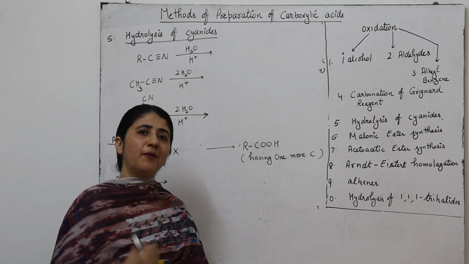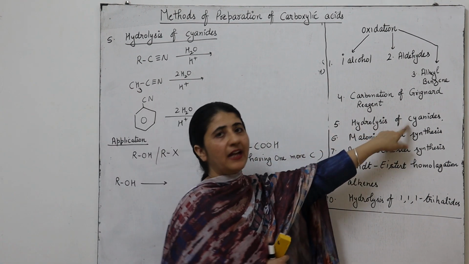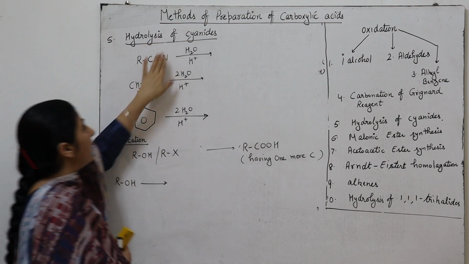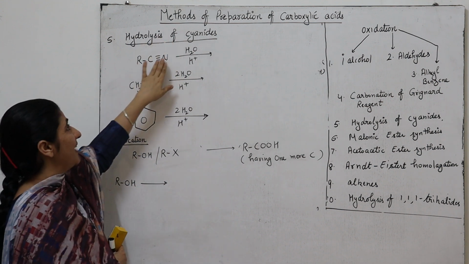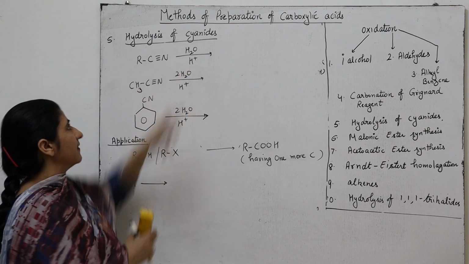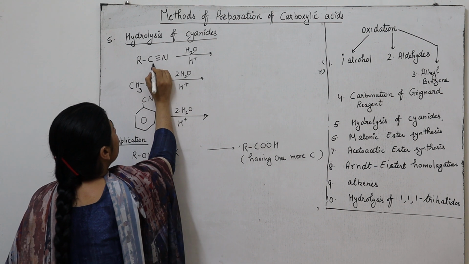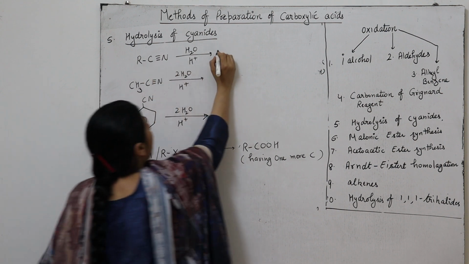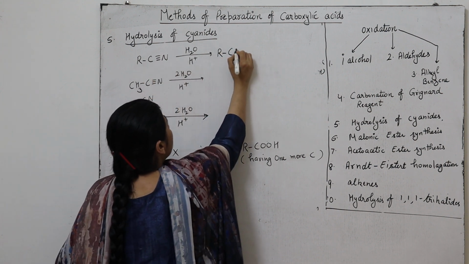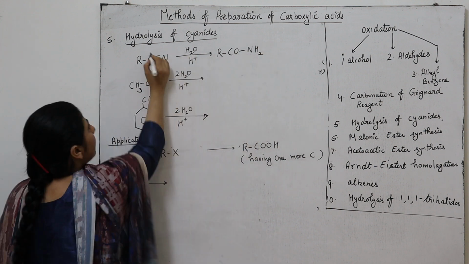The fifth method of preparation of carboxylic acid is from the hydrolysis of cyanide. Here we have a general cyanide RCN, which undergoes hydrolysis in the presence of acid. When the cyanide undergoes hydrolysis, there is a formation of amide from the cyanide.